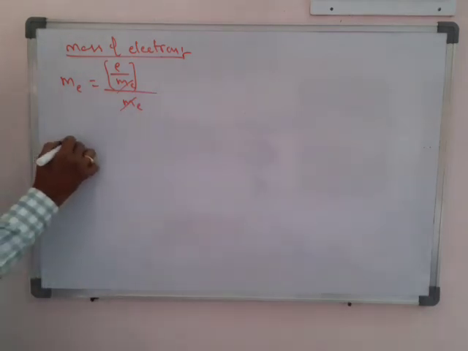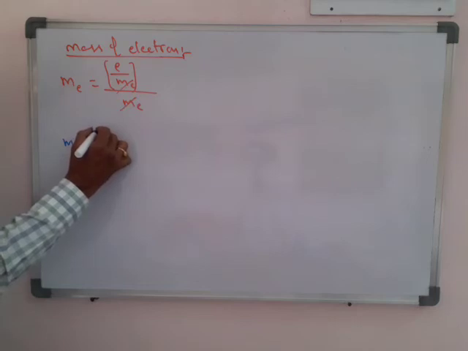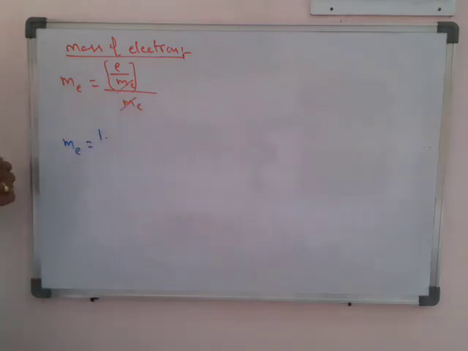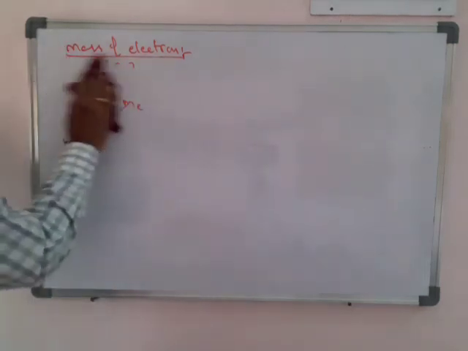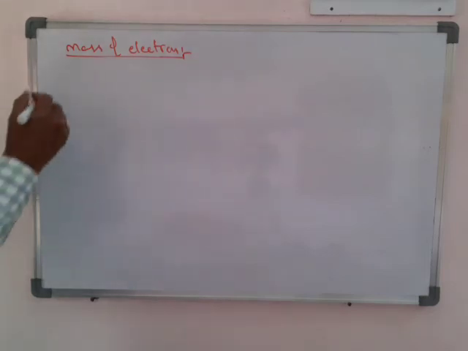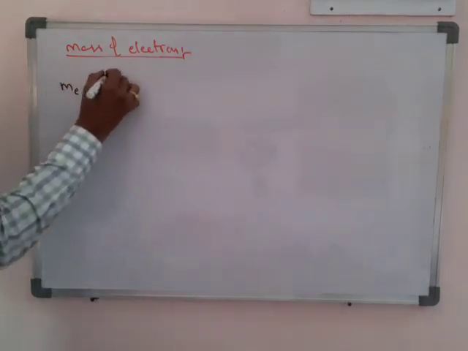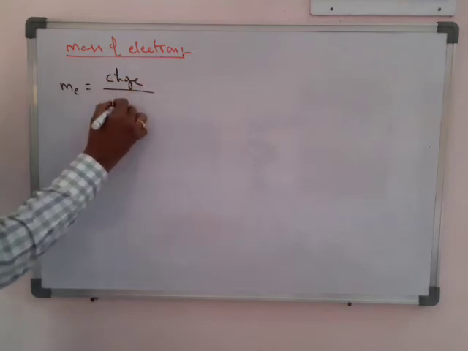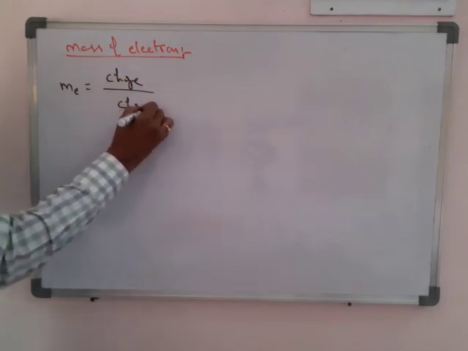So mathematically we do it. Just wait, not like this. We have to write it in the opposite direction. To get the mass of the electron, we write the charge divided by the charge to mass ratio.